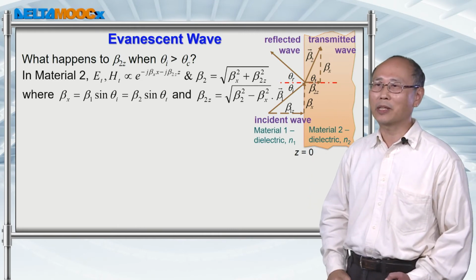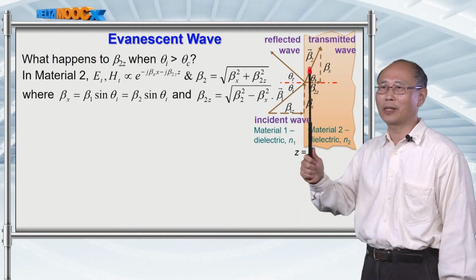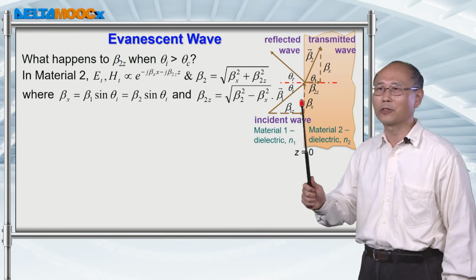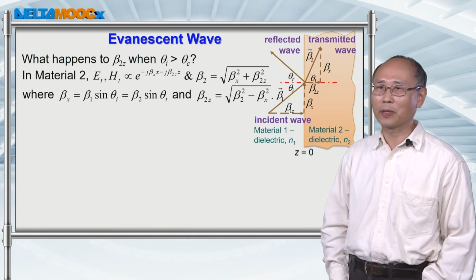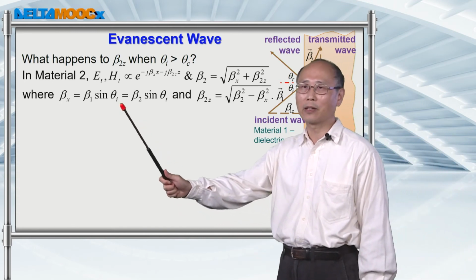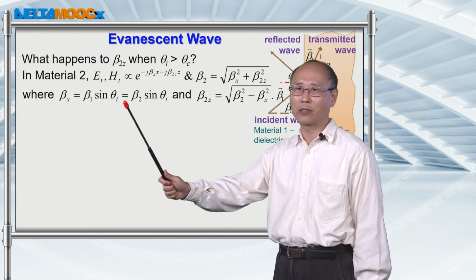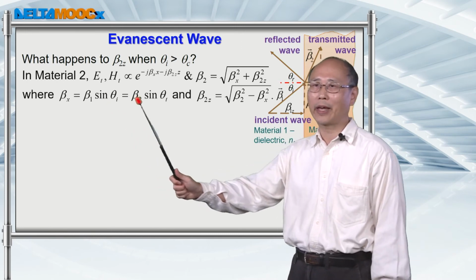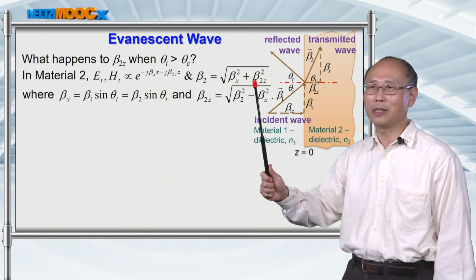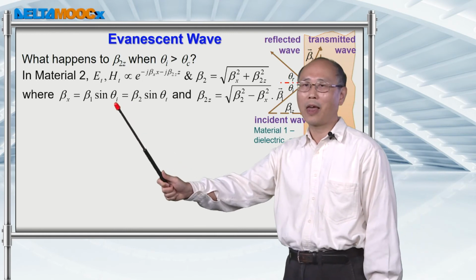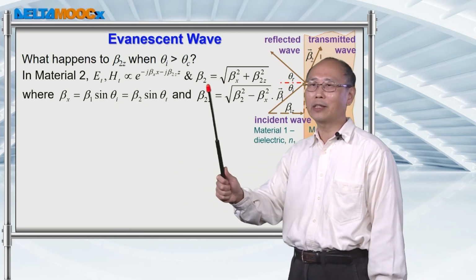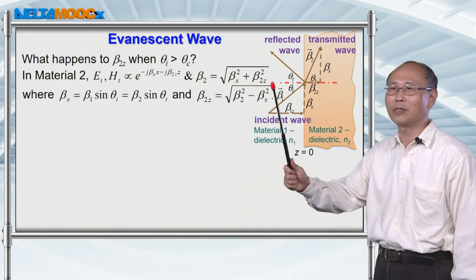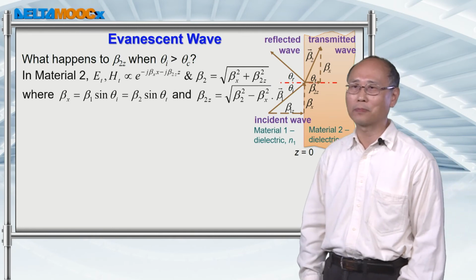And we said that this beta x projected from beta 2 and beta 1 have to be the same, because at the boundary, the wavefront has to be continuous. And that's why from this relationship, we have the Snell's law of refraction. But this expression will allow you to calculate the beta 2z by substituting this value into this expression. And this expression, beta 2 squared equal to beta x squared plus beta 2z squared, is given by Helmholtz equation.